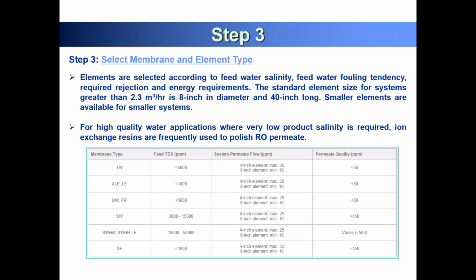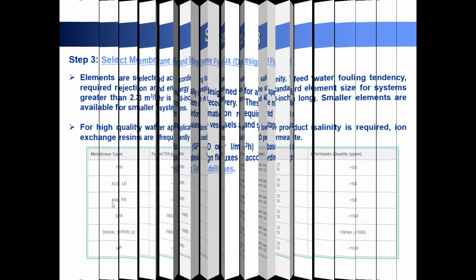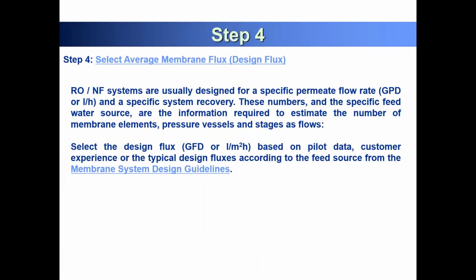But in this example, we just focus on brackish water, the BW 30 300 element type, because concentration is within this range. So we select this one for the brackish water element. After that, now it's time to calculate our average membrane flux for 300 cubic meter per day.